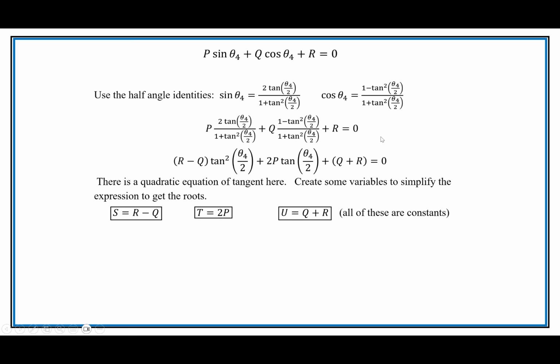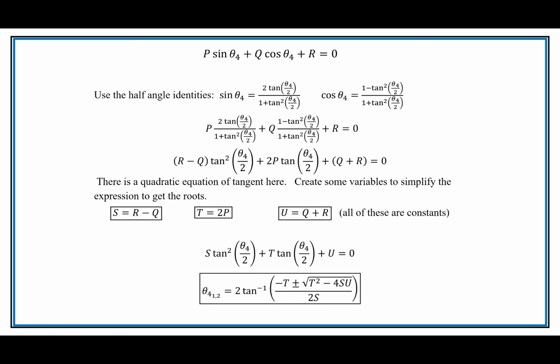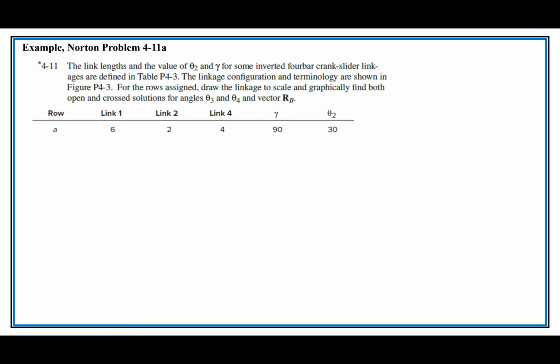So just to clean it up ever so slightly to make the quadratic not look so ugly, because we have multiple variables in there, that's what we've done here. Once we get the S, T, and U, we can go to the quadratic equation now. And we have two possible solutions for theta 4, 1 and 2.